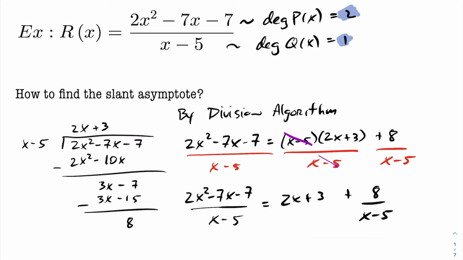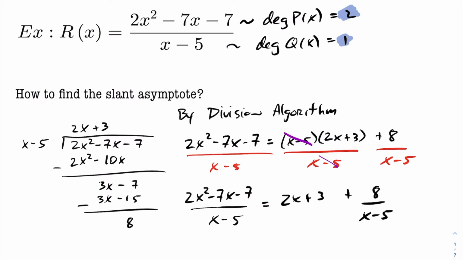With this decomposition, if I want to find my slant asymptote, much like horizontal asymptotes, the slant asymptotes occur on the outer bounds of your function. So by letting x get infinitely large or letting x get infinitely small, we can discover our slant asymptote. Notice as x gets infinitely large, the rational function will approach 2x plus 3.